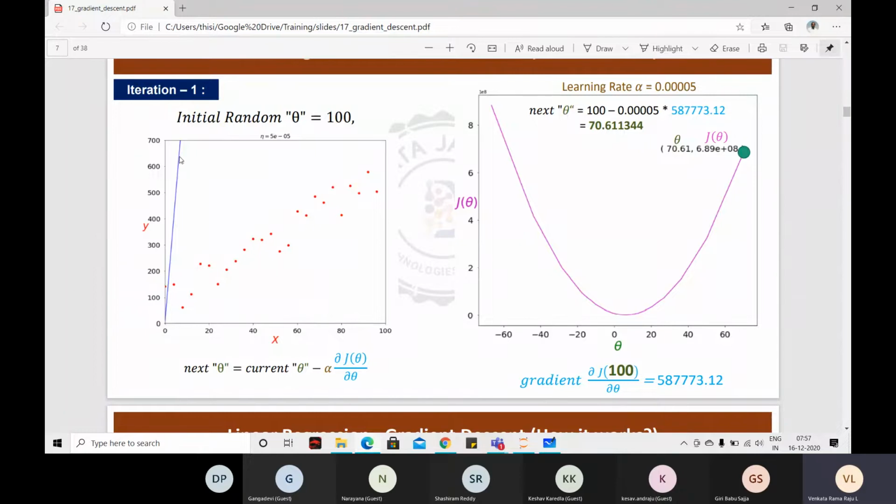When I initiated the gradient descent algorithm, it took theta as 100. I said it is going to choose theta randomly. The equation I chose is y is equal to theta x only. There is no theta 0. Why?